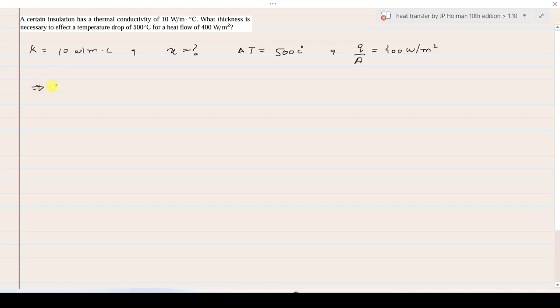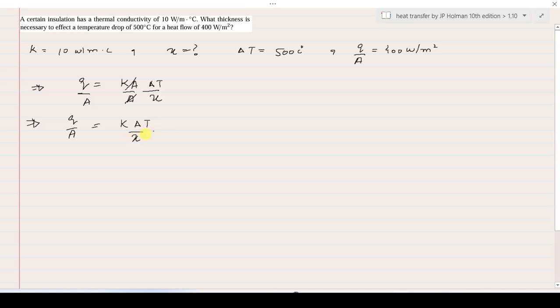Now from Fourier's law of heat conduction, heat transfer is equal to k A change in temperature divided by X. So divide both sides by A. This will cancel out with this, and then you will get Q divided by A, that is k change in temperature divided by thickness.